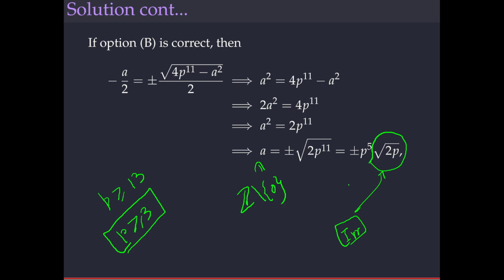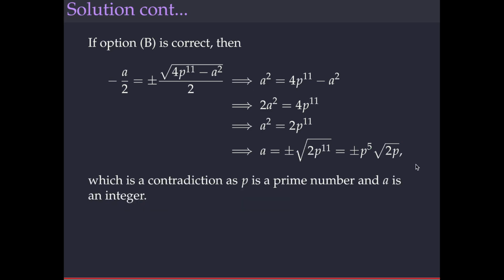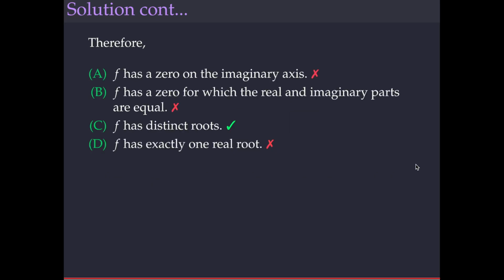So p greater than or equal to 3 is sufficient, but p is greater than or equal to 13. So this is an irrational number, which is a contradiction, and hence option B cannot be true. F has a 0 on the imaginary axis: this is false. F has a 0 for which the real and imaginary parts are equal: this is false.